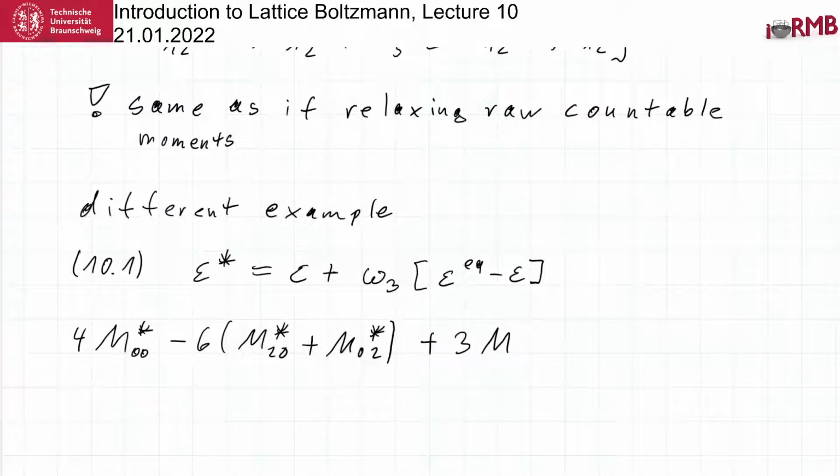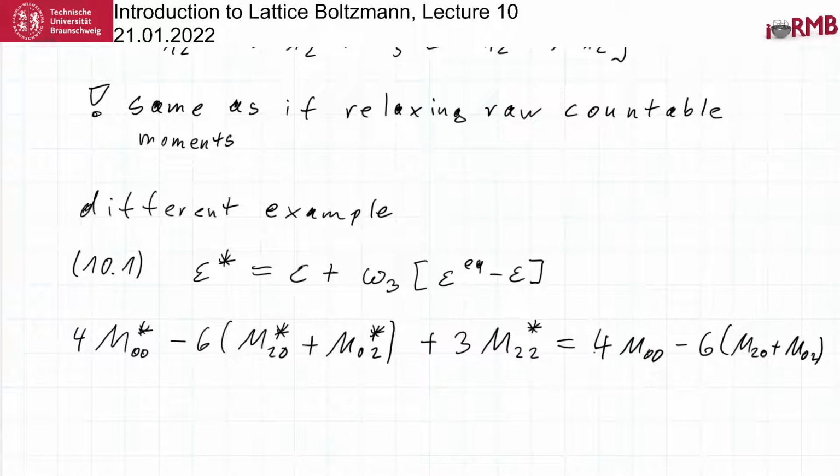Plus 3 times m22, and this goes on the other side, so I have to write a little bit here. Hopefully I'll manage this in the next 2 minutes. Minus 6 m20 plus m02, and this has plus 3 times m22.